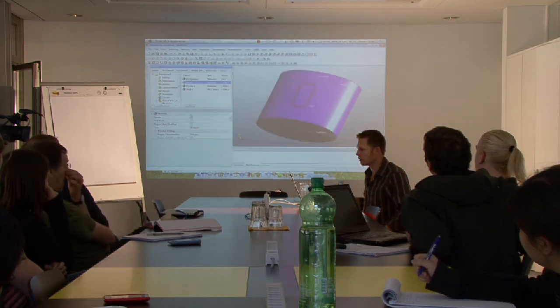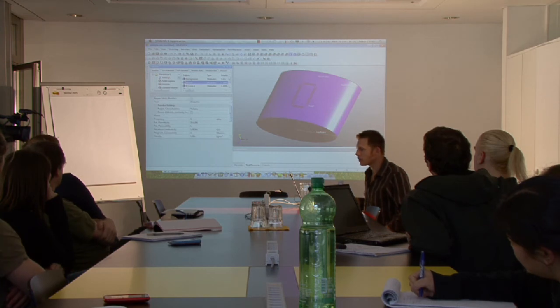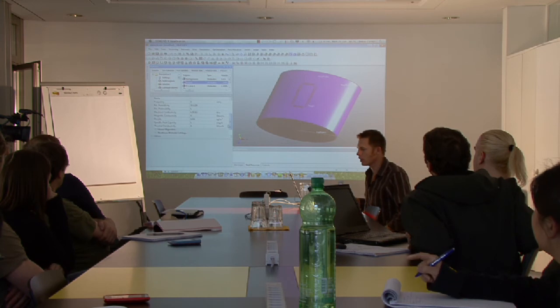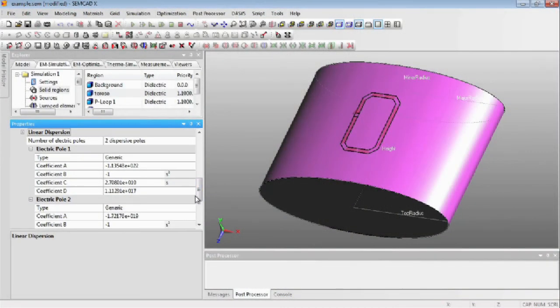I'll close that here, and we can have a look now. You can see the relative permittivity and conductivity are defined, but in addition we have the number of dispersive poles along with the coefficients to initialize the models that are used for the dispersive properties there.